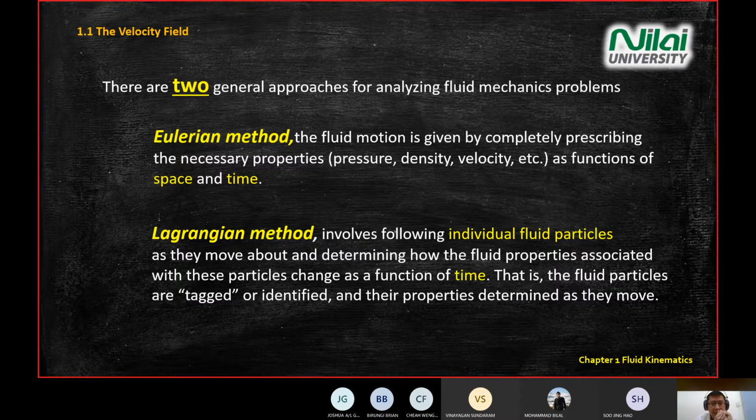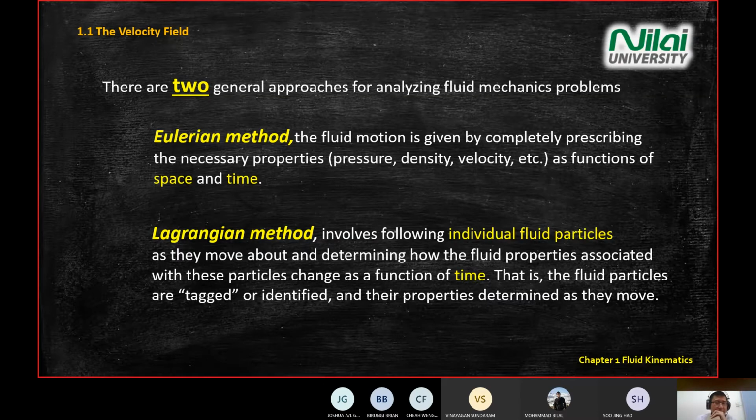One is Eulerian, which is focused on a function of space and time. This morning we mentioned the space refers to the spatial coordinates, x, y, and z in the Cartesian plane, and then time is t. The Lagrangian method is focused on individual fluid particles.